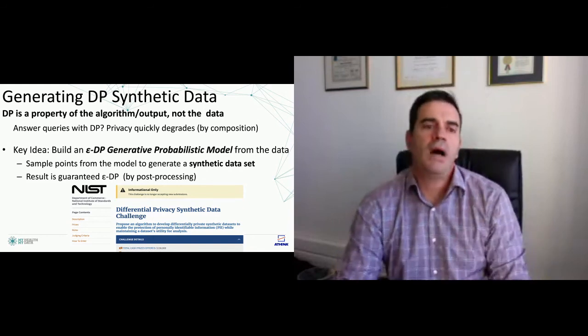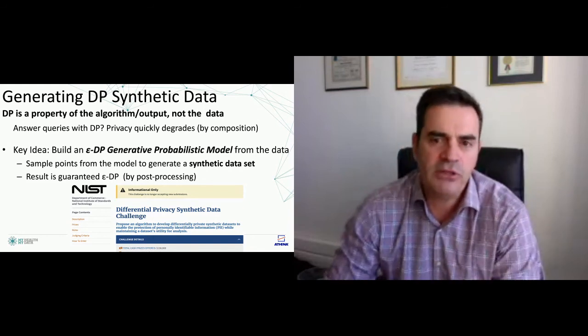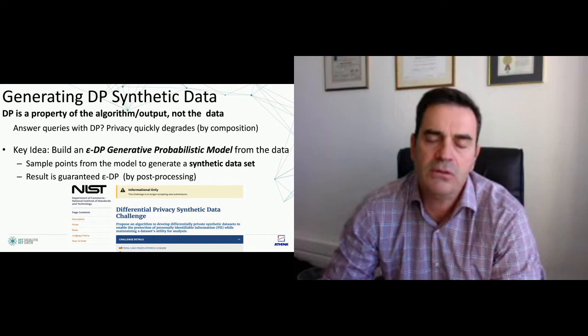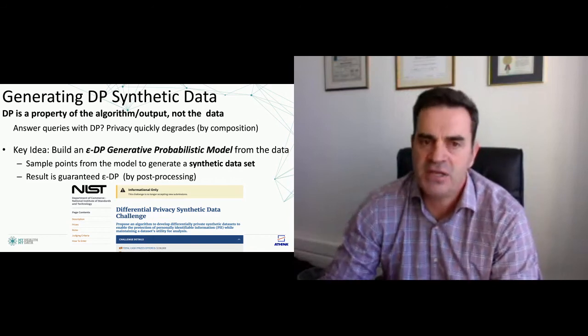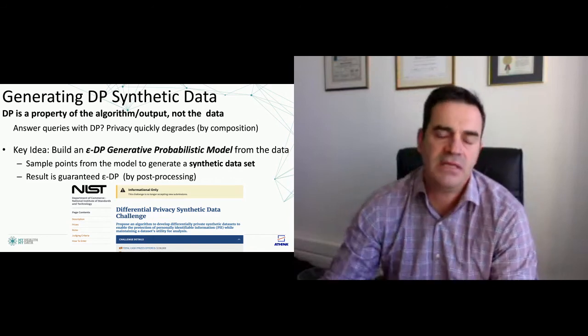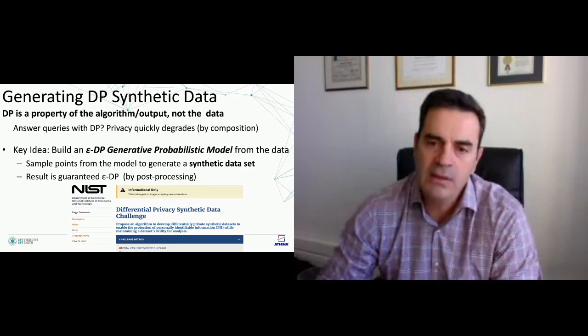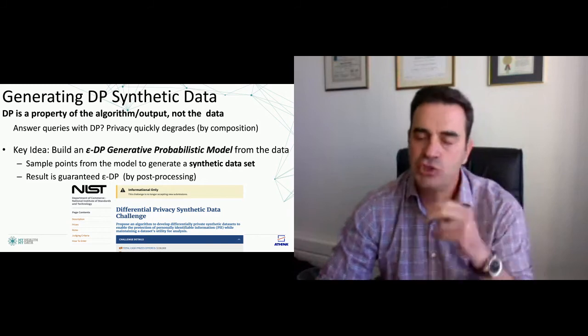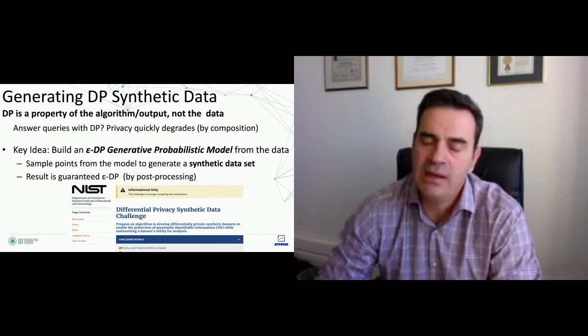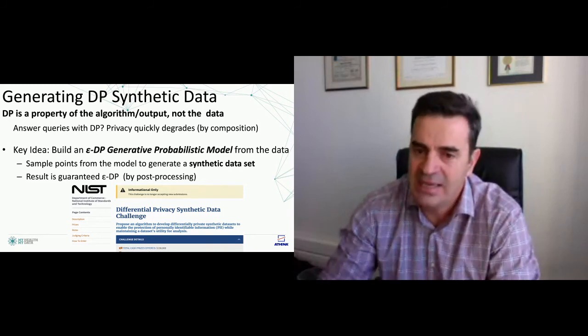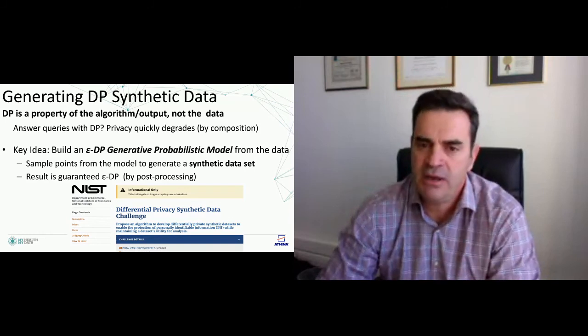Now, as we mentioned, differential privacy is a property of the algorithm, not the data. So how would we generate differentially private synthetic data? Well, the idea is simple. We will actually build a generative probabilistic model. But when we train it, we make sure that the model, the output of the training algorithm, is epsilon differentially private.